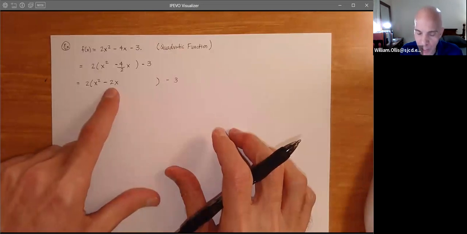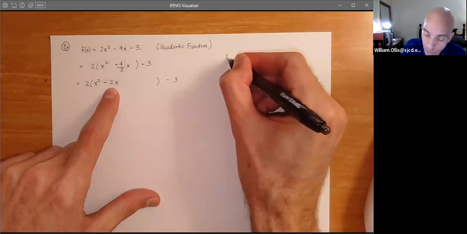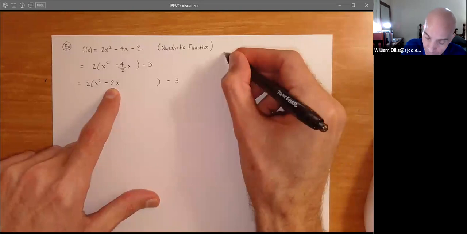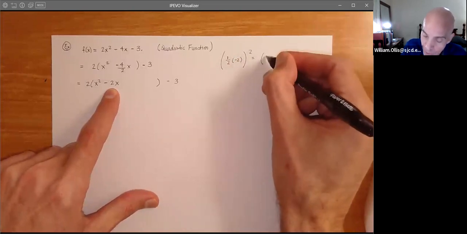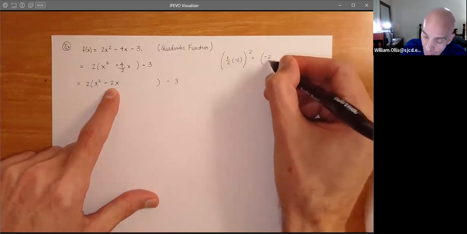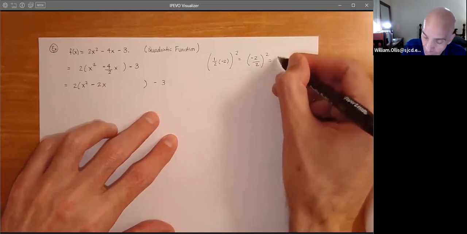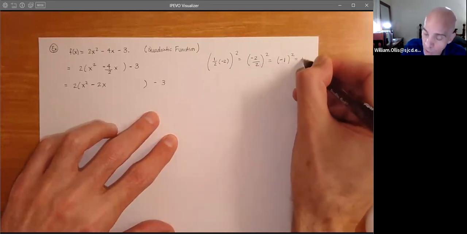Now we look at this and say, okay, let's do a little side calculation. We're going to do 1/2 times -2, and we want to square it. So again, this is -2 divided by 2 squared. This is -1 squared, which is 1.